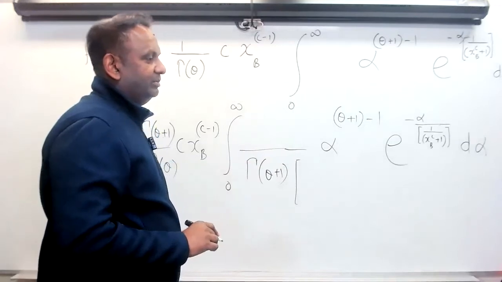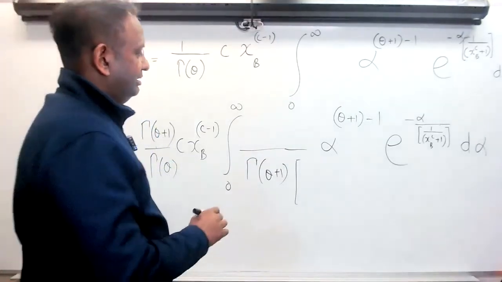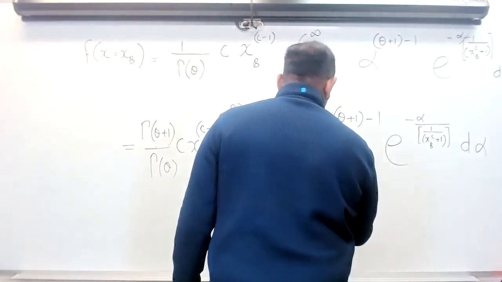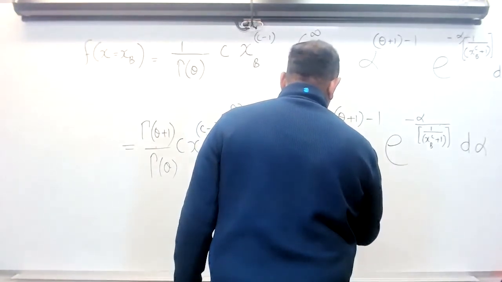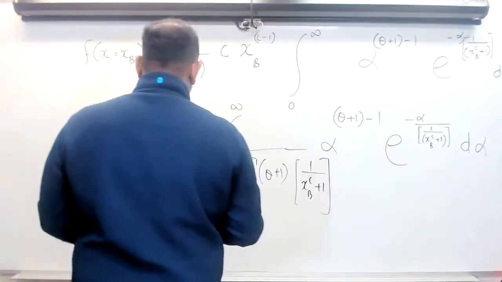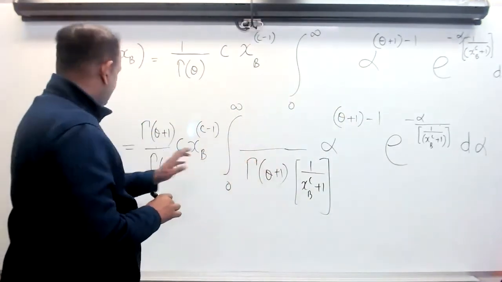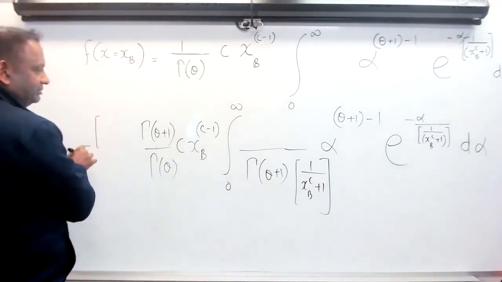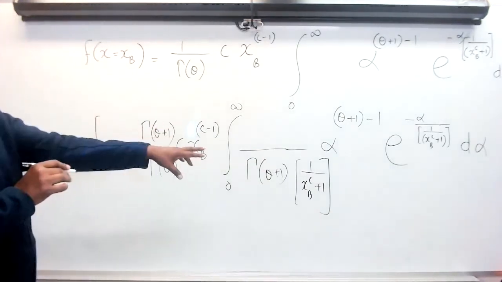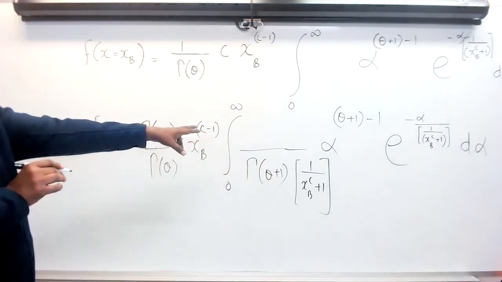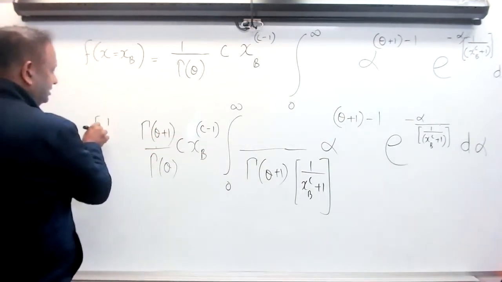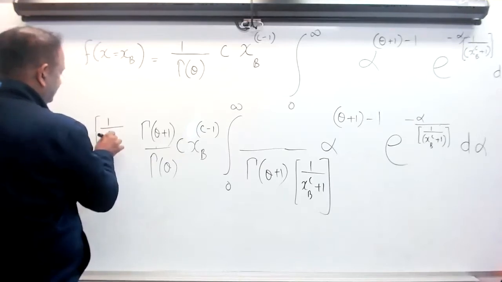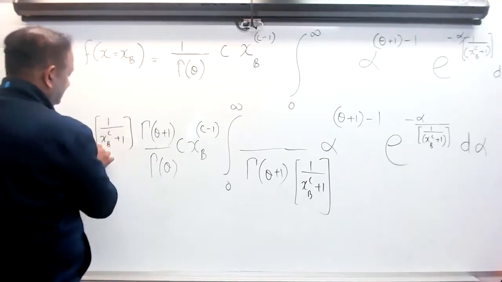Can you remember? Beta to the alpha, beta. Beta goes here, 1 over x b c plus 1 here. The same thing if you put in the denominator, you should put in the numerator. See? x b c plus 1 over 1.